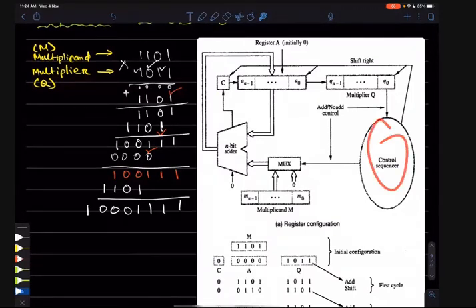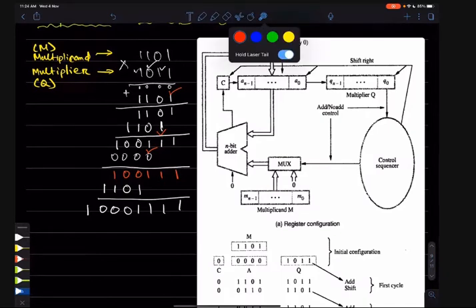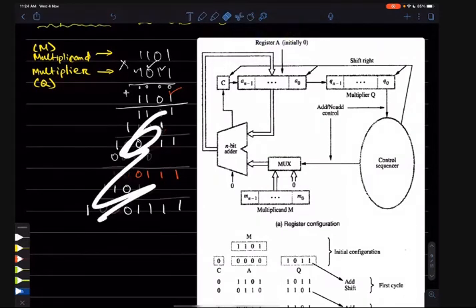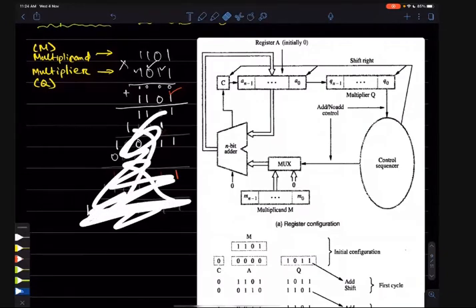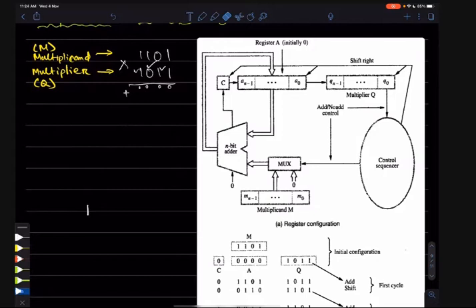I will tell you what the rest of these things are doing. Let's start with the first step. Initially this is our whole scenario.